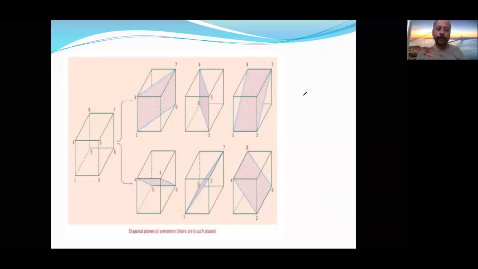Here comes the diagonal plane of symmetry. The diagonal plane of symmetry combines two edges. See here, two edges. Now the question is, which points are these? Here they are corners. How many corners are there? Four corners, and two edge centers.